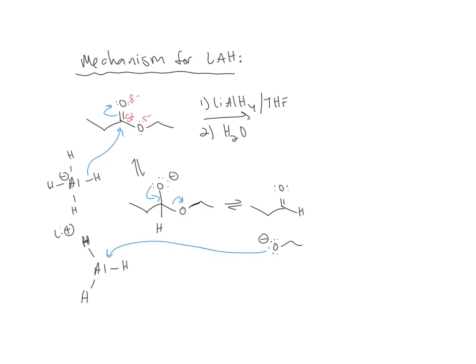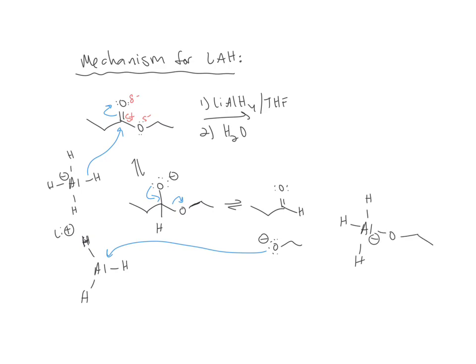If you look online, you'll see mechanisms either where the ethoxide, the alkoxide, attacks the aluminum or the carbonyl oxygen attacks the aluminum. Either way is going to be fine by me. The point is that it regenerates, right, your aluminum hydride donor.